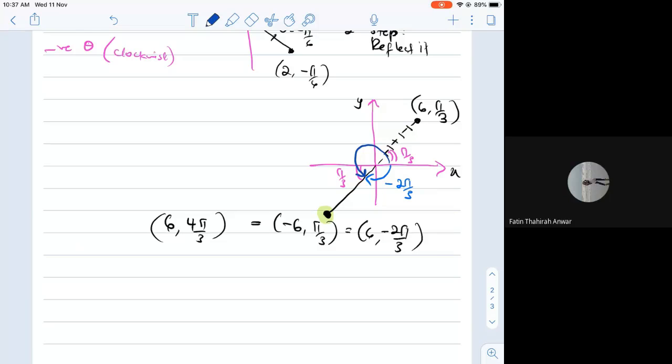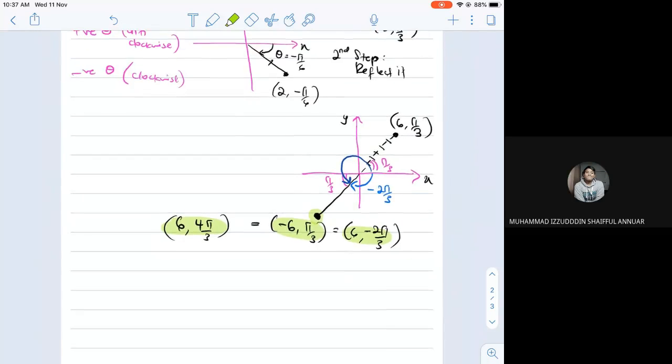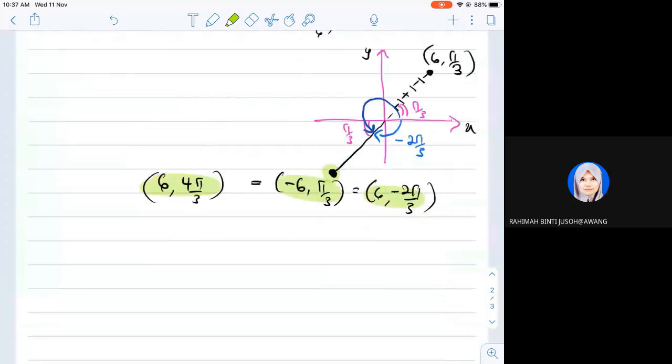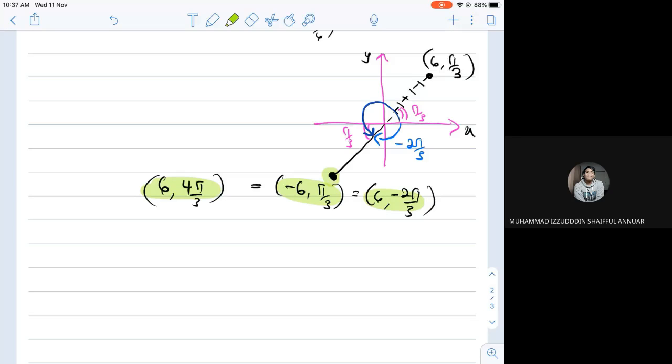Okay, the same point, but we do have different names. Individu yang sama tapi kita ada banyak nama. So in polar coordinates, you have to be careful because we can have more than one coordinate to represent the same point. Kalau dalam jalan kerja, nak kena tunjuk ke arah yang putus-putus tu?